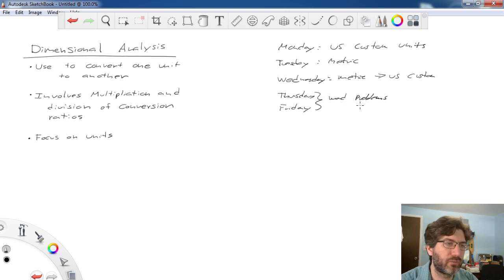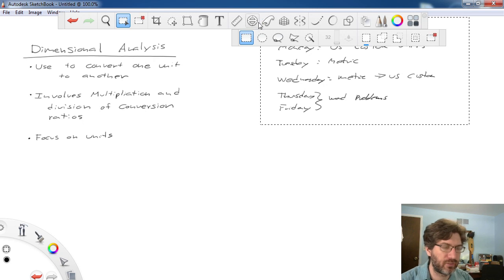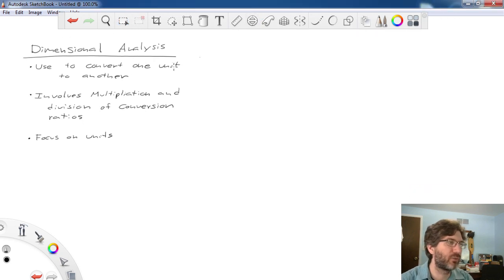All the information, for the most part, I think I give you in the problem, and you're going to have to pick out the conversion ratios from what's being said. But it's all done the same way through what's called dimensional analysis. And we looked at, on Friday, we introduced it, so you have an idea of what's going on. But basically, it's used for converting units from one unit to the other.